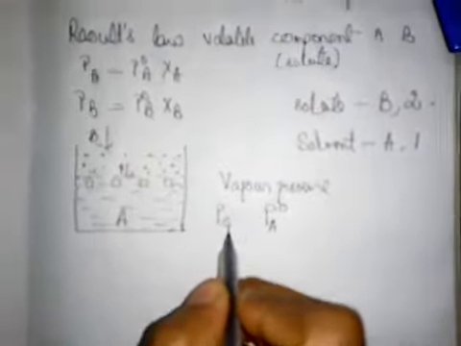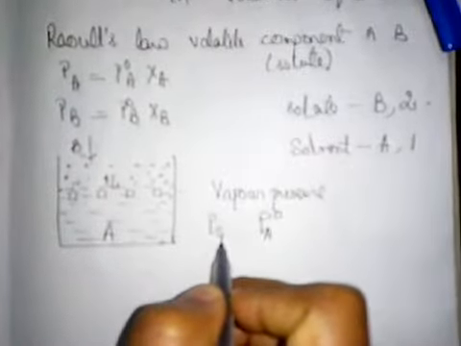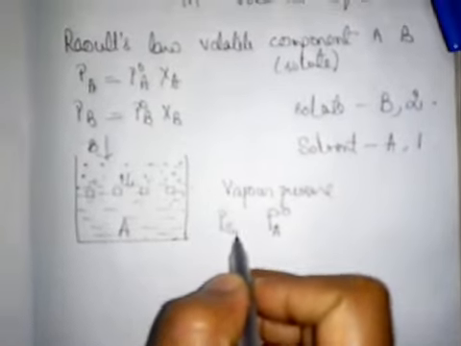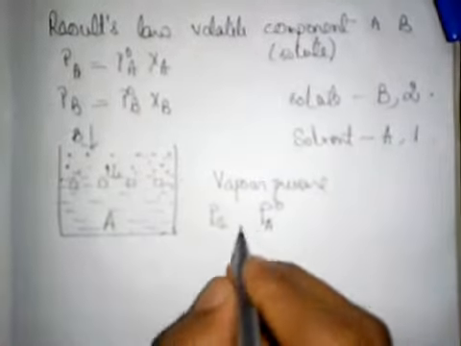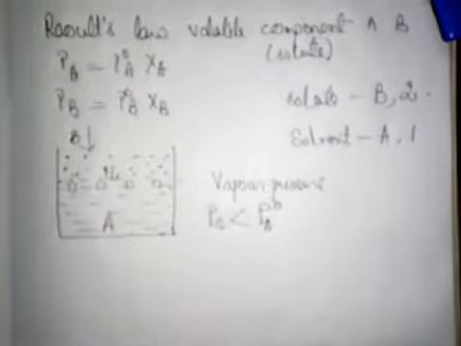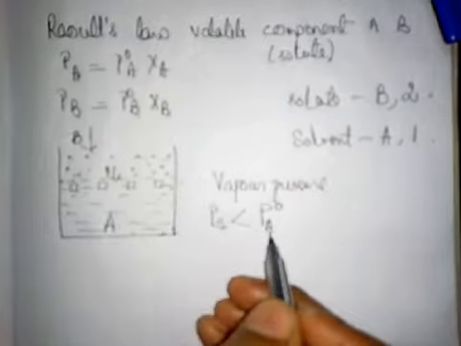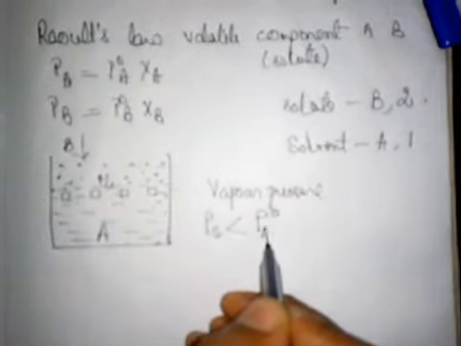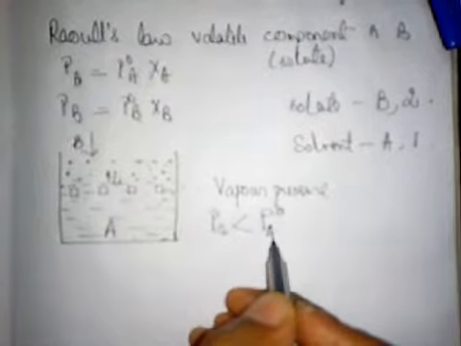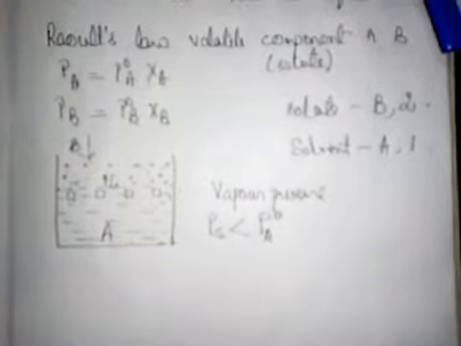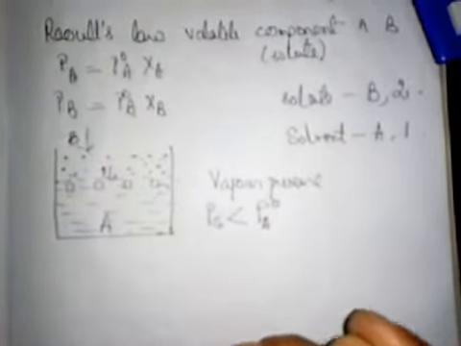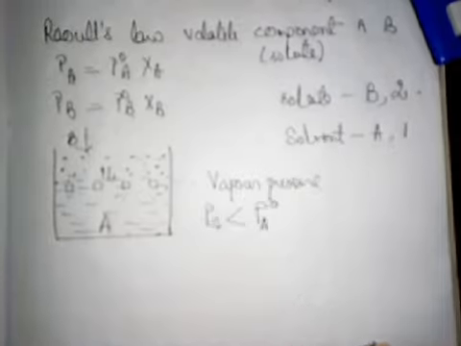So PS is the vapor pressure of the solvent in the solution, or it is simply vapor pressure of the solution. Now PS is less than P naught A. This lowering of vapor pressure is due to the addition of non-volatile solid solute to volatile liquid solvent, and this is called lowering of vapor pressure.